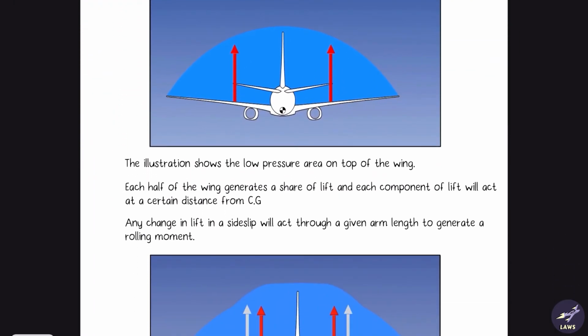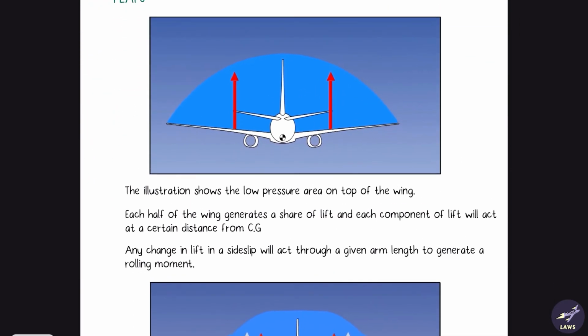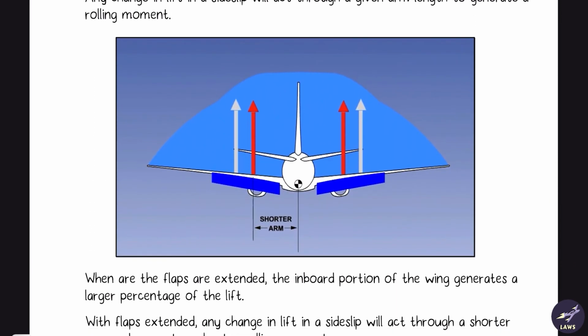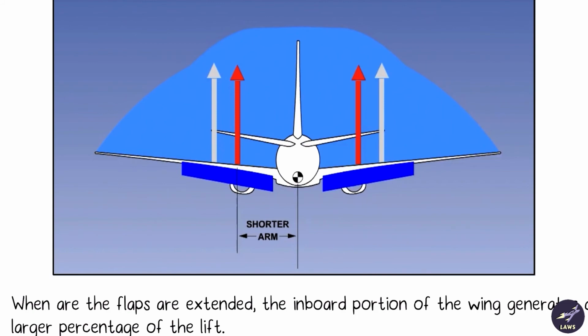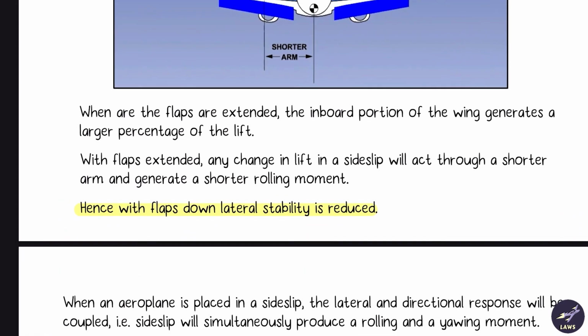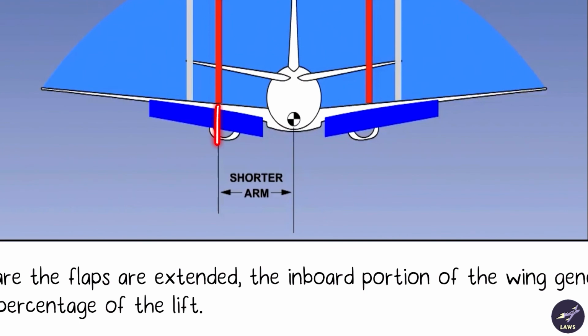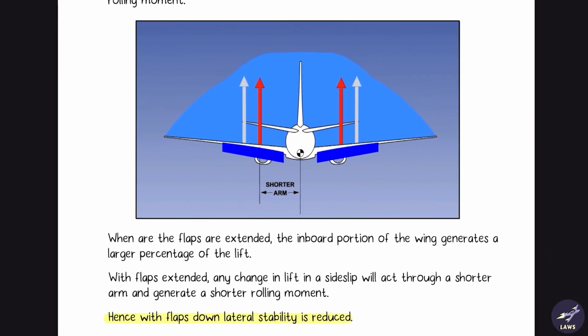Next is flaps. So this is with the flaps retracted, the pressure distribution and the lift force. With the flaps extended, the lift force moves further towards the aircraft root. Okay, so since the arm is getting shorter here between the lift force and the center of gravity, the lateral stability is reduced.